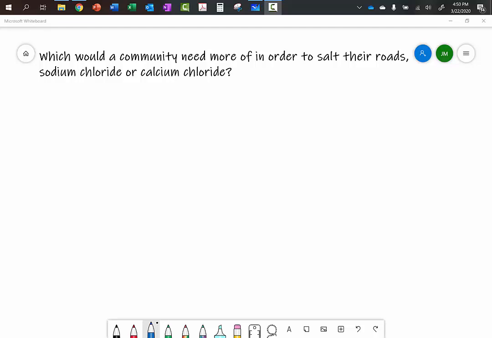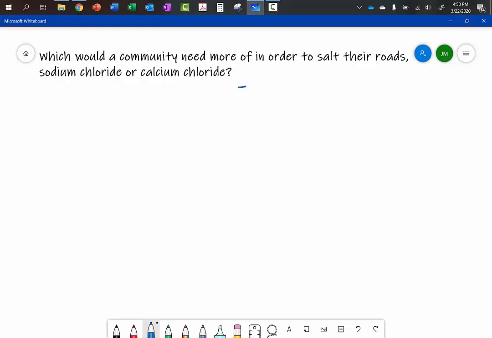So with this in mind, basically the question is asking, in a hypothetical situation, which one is going to require the lesser amount to salt our roads? Because there's no more information given to us, we can set up this hypothetical however we want. So let's say we want to prepare the roads and decrease the freezing point by negative 3.00 degrees Celsius.